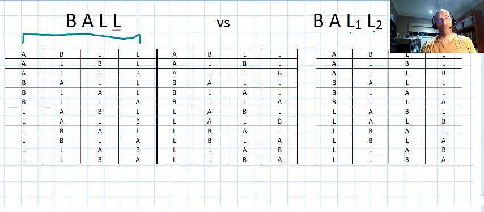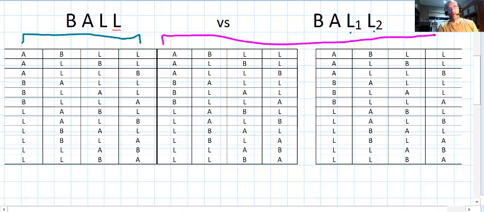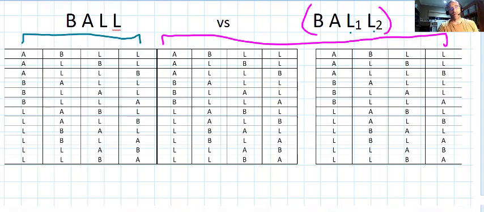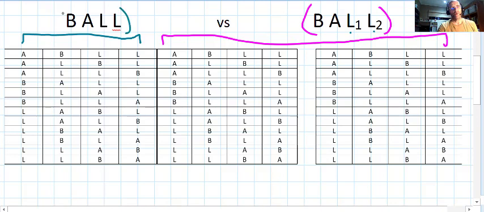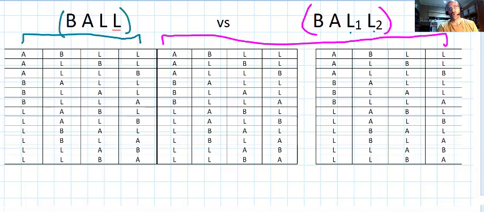So we'll demarcate that with two different colors. The pink color for distinguishable, and for indistinguishable the blue color, or turquoise.